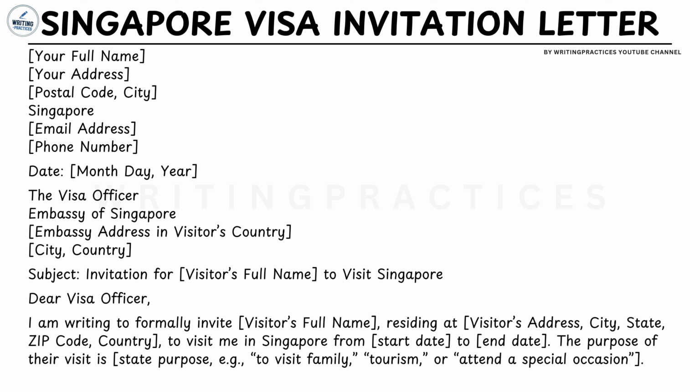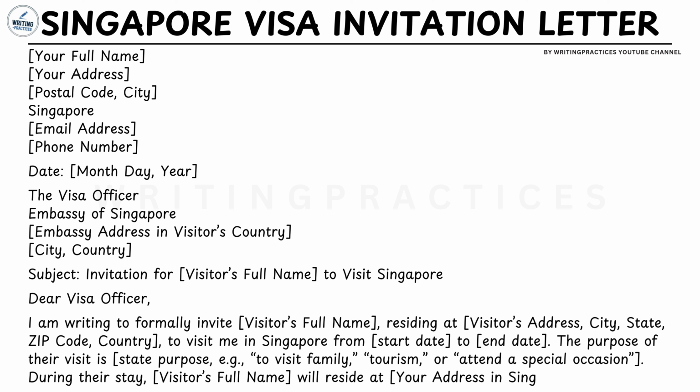The purpose of their visit is to attend a family reunion and explore the vibrant culture of Singapore. During their stay, Jane will reside at my home at 123 Orchard Road, Singapore. This paragraph provides key details about who is visiting, why they are coming, and where they will stay. It sets the foundation for the rest of the letter.